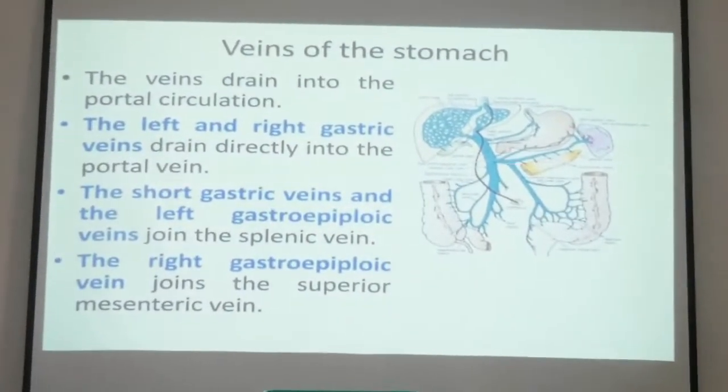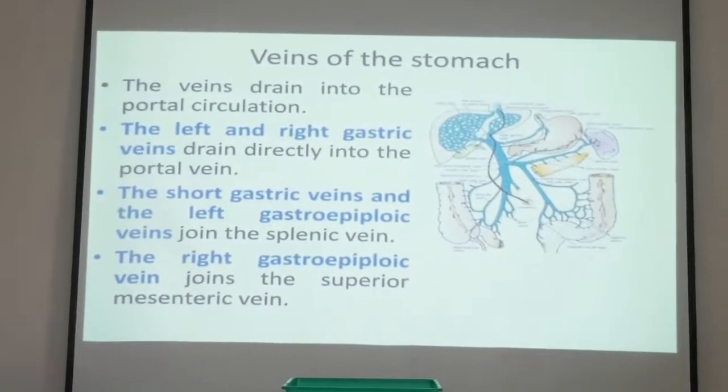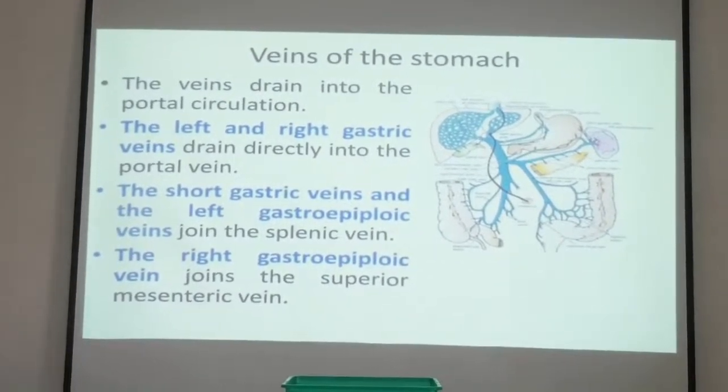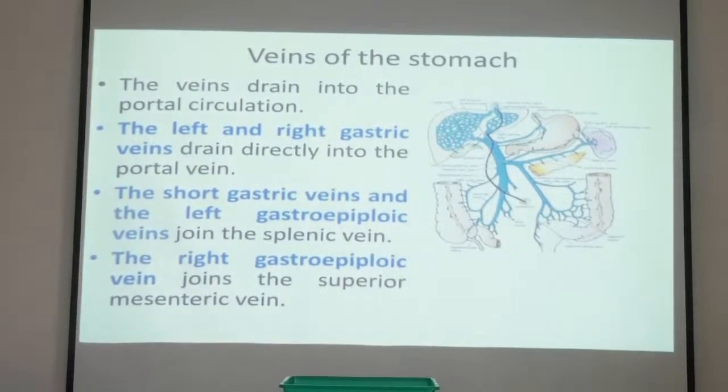Now the veins of the stomach, veins drain into the portal circulation. Here, this is the portal vein. Here is the splenic vein, inferior mesenteric vein, superior mesenteric vein. The superior mesenteric vein and the splenic vein join to form the portal vein. Okay. Right and left gastric veins drain directly into the portal vein.